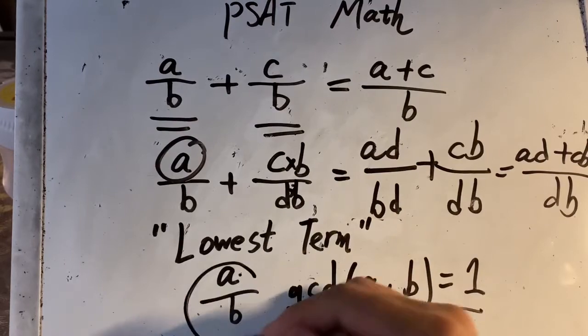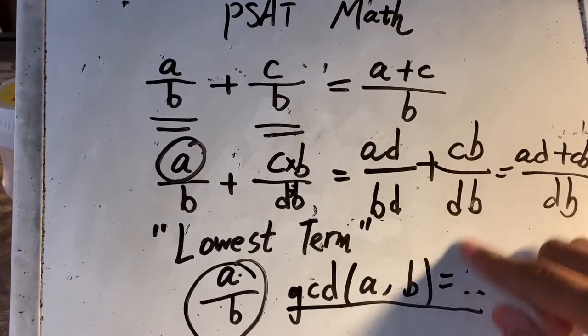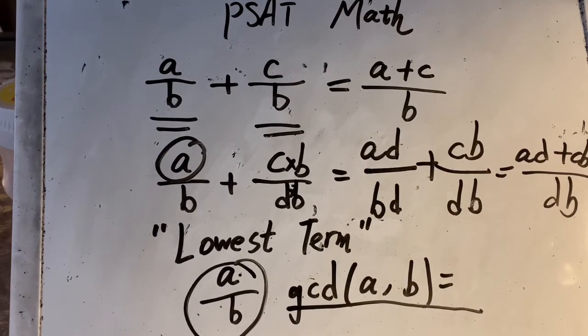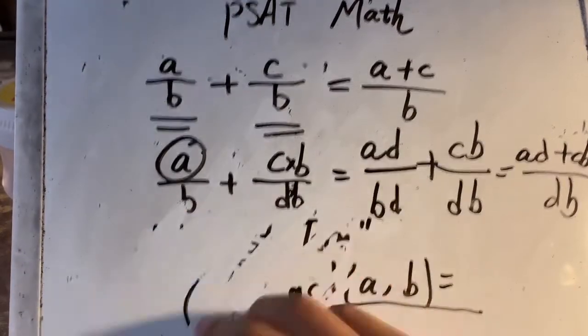This is called the lowest term. If this is not equal to 1, then it is not the lowest term. Remember, when you choose the answer on the PSAT, you must choose the answer in the lowest term. If you don't, then it will be considered wrong.